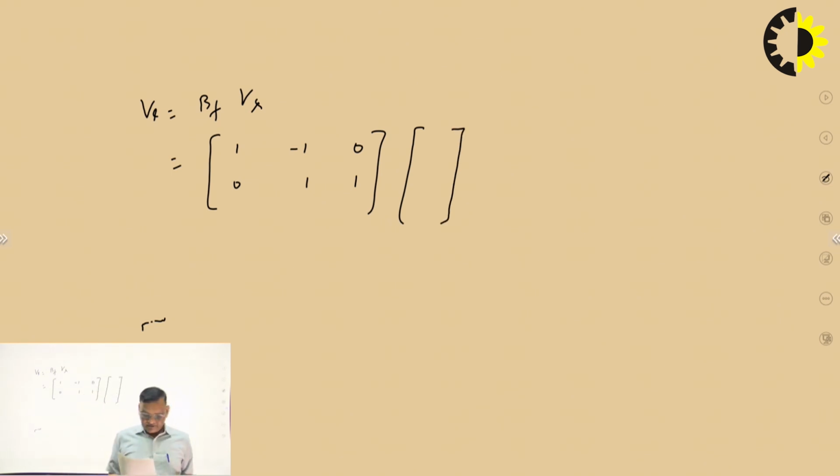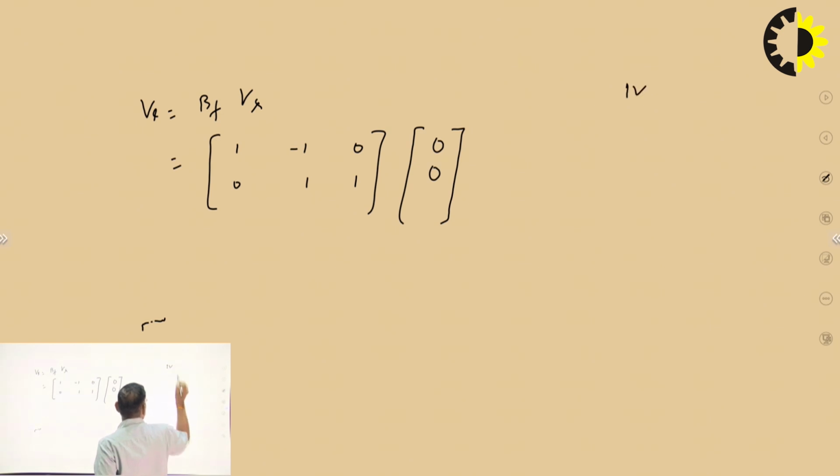There is no voltage source present in branch 1, so it is 0. There is no voltage source present in branch 2, so it is also 0. Now branch 3 contains a voltage source of 1 volt.